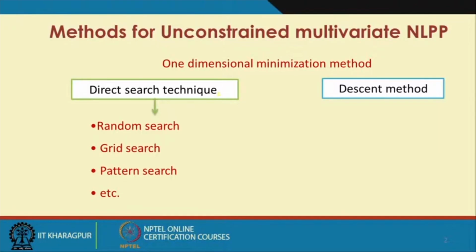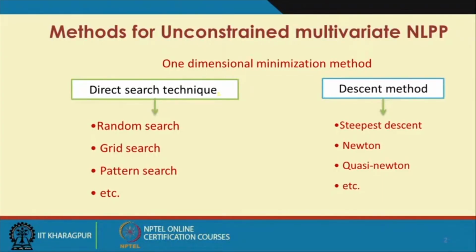Now, I will start my classes with the direct search technique. I will give you some idea how we really deal with it. There are again different techniques available: the random search, grid search, grid walk, then pattern search, that is Powell's method. There are a few methodologies like that. I will not cover all the methodologies in detail, but I will show you a few, one by one, and how they work for a multivariate nonlinear programming problem.